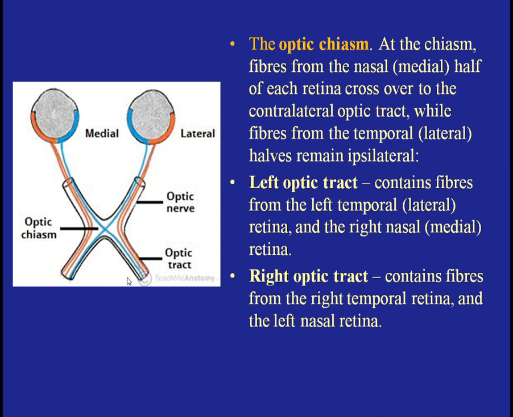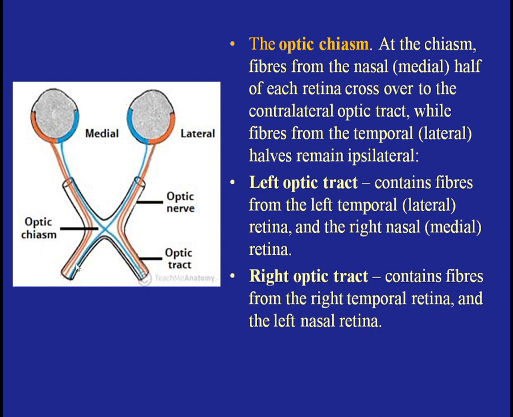After the optic chiasm, we name it the optic tract; in front of the chiasm, the optic nerve. For example, the left optic nerve receives information from the medial and lateral halves of the same left retina and from opposite vision fields.